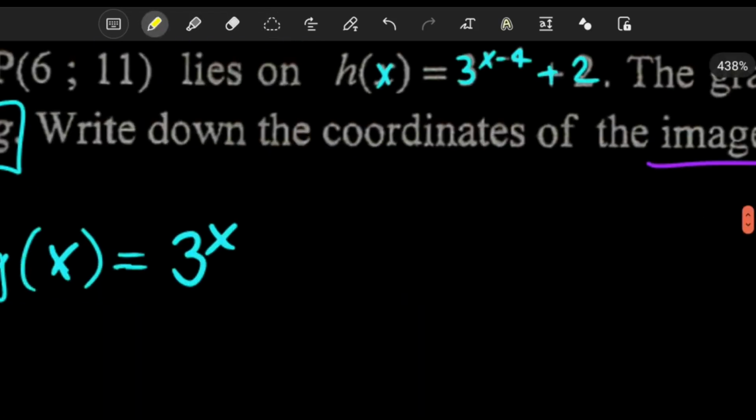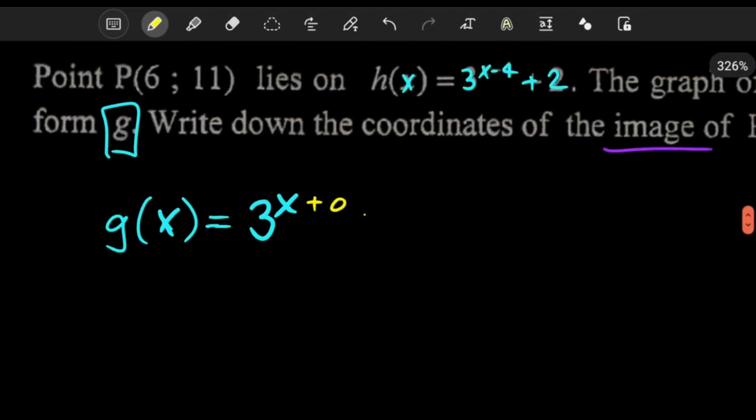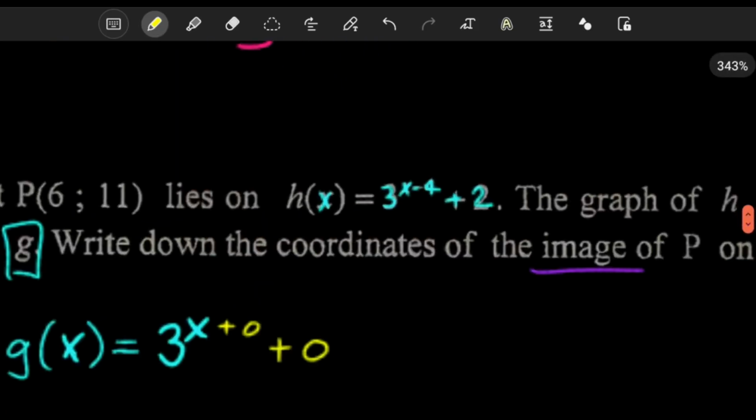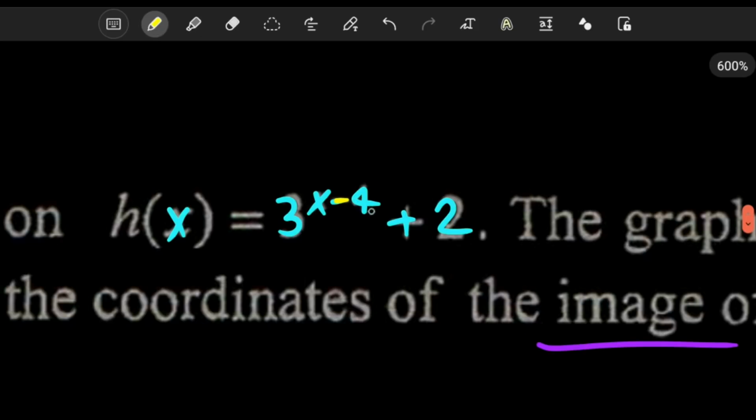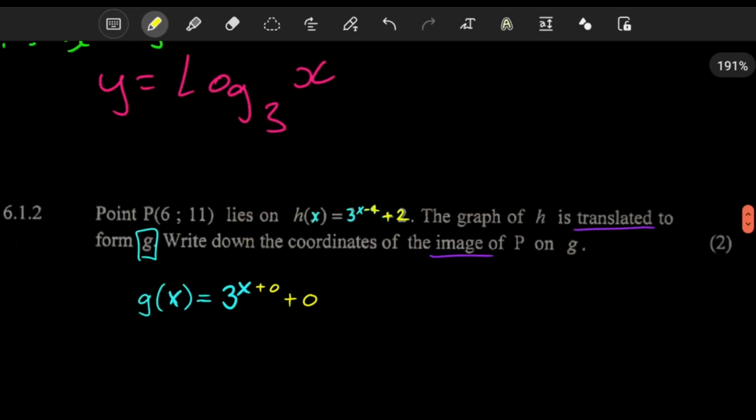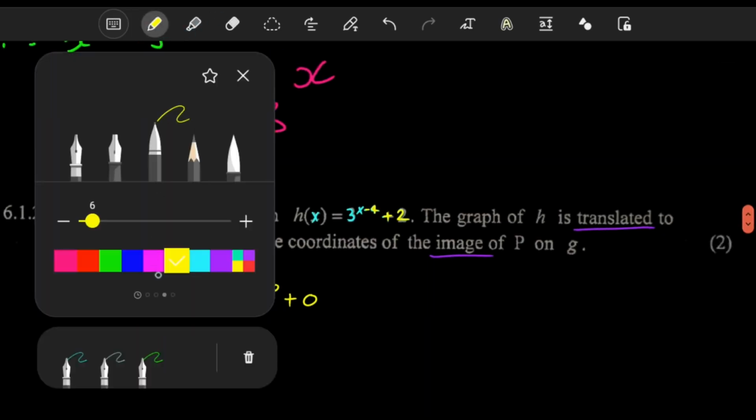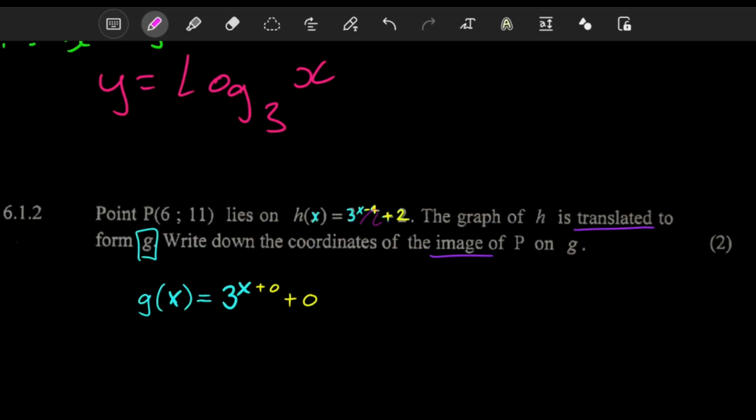Firstly, if you look at your graph of g, there is no horizontal shift and there is no vertical shift, whereas for the graph of h there is a horizontal shift and a vertical shift.